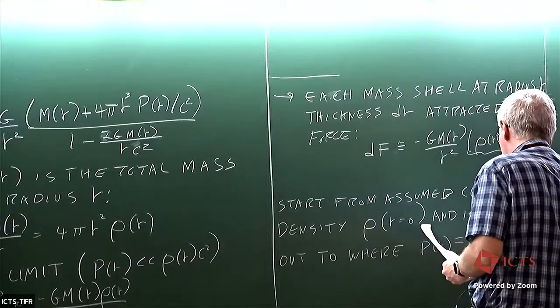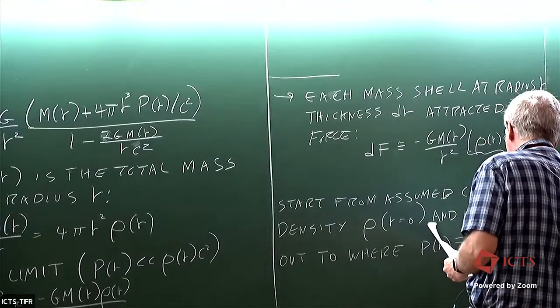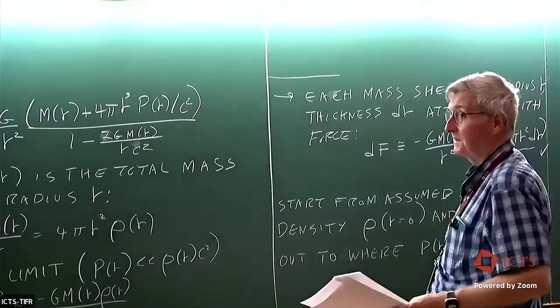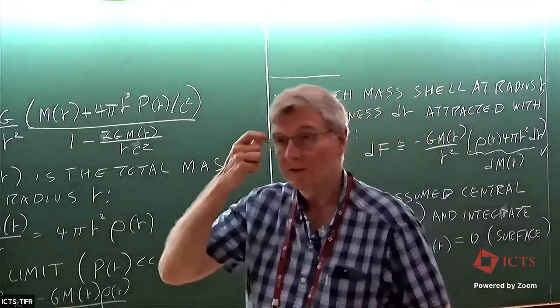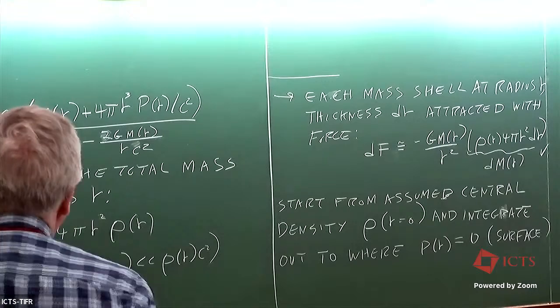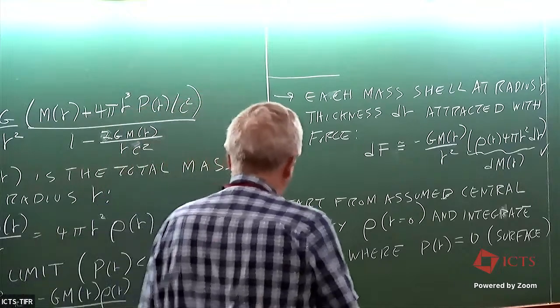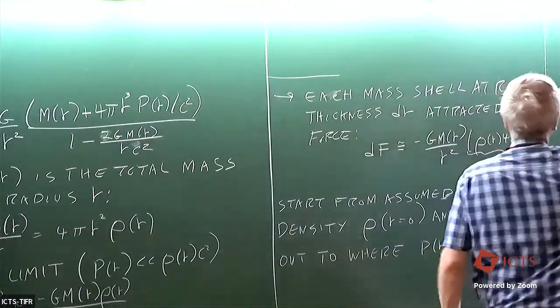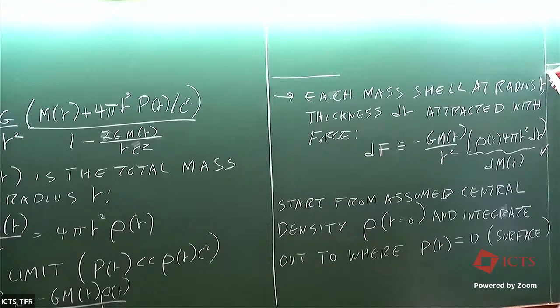Namely, you're at the surface. And so that's in some sense an empirical way, using whatever your assumed equation of state is, to determine what the mass of the star is for an assumed central density. And so one can try different central densities.